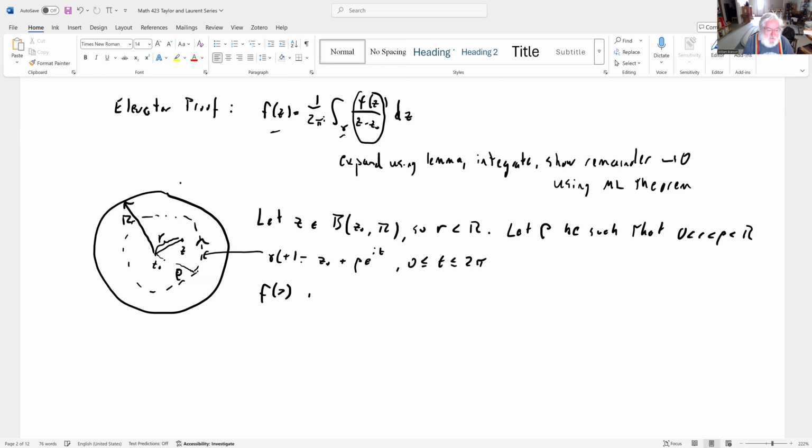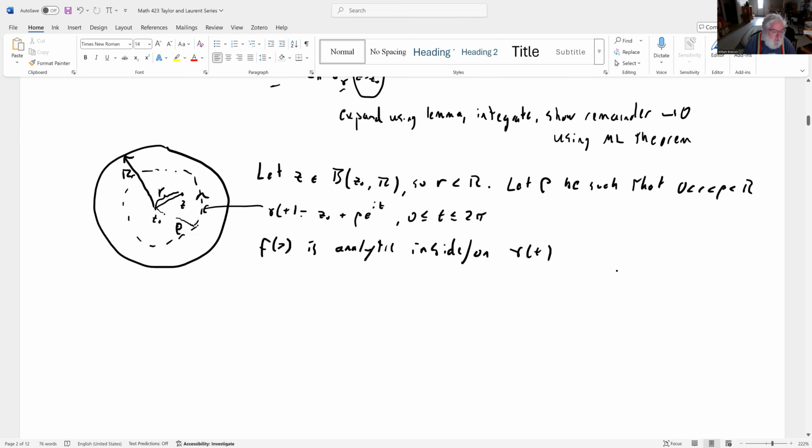f of z is analytic inside and on that path gamma of t. So that means we can use the Cauchy integral formula using that path of gamma of t.